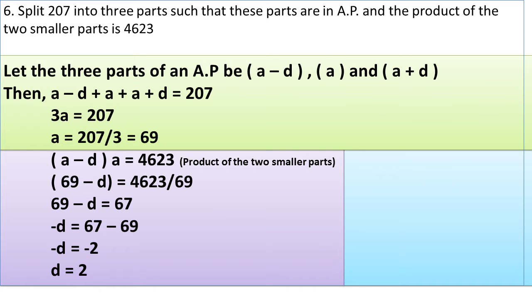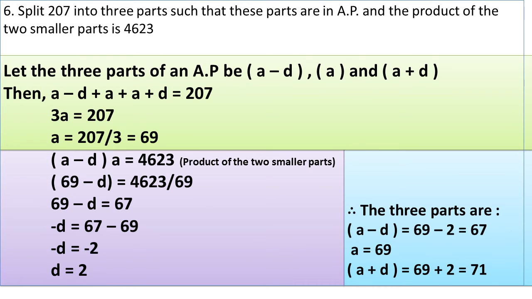Once you have got the value of A as 69 and the value of D as 2, define the 3 parts. A minus D will be equal to 69 minus 2, that is 67. A is 69 and A plus D is 69 plus 2, which is equal to 71.